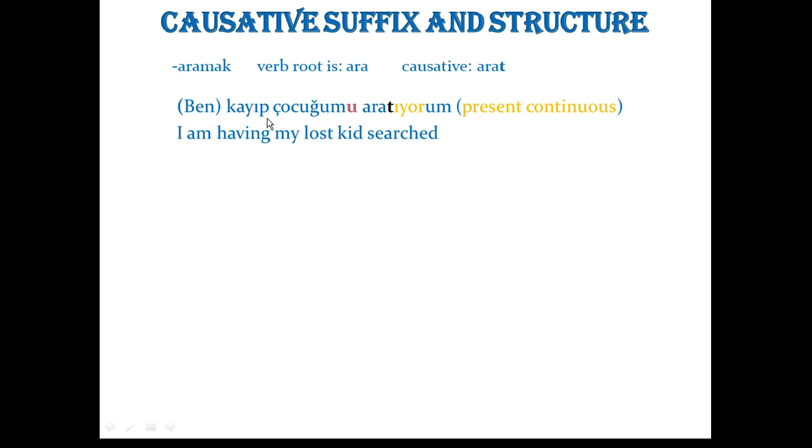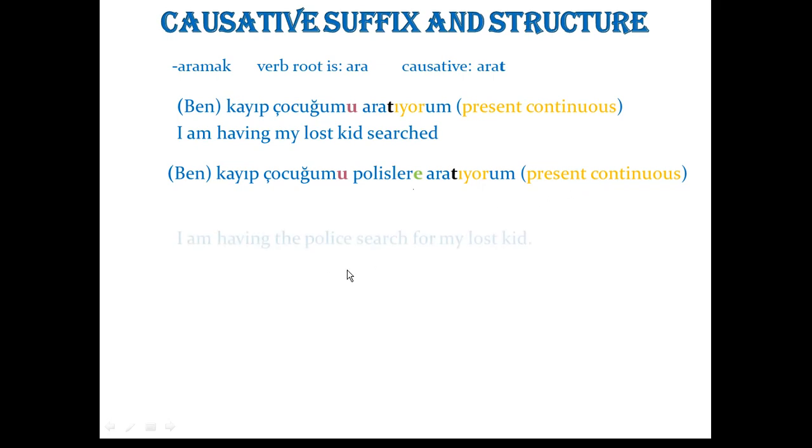That is, this is a passive causative structure. When we specify the doer of the action, it is stated as: ben kayıp çocuğumu polislere aratıyorum, again in the present continuous tense. I am having the police search for my lost kid.